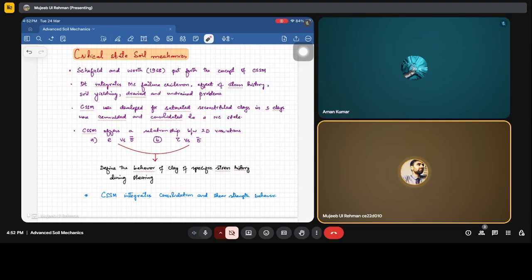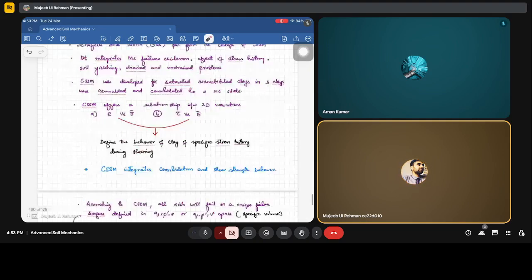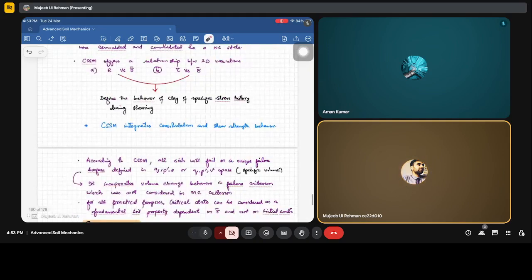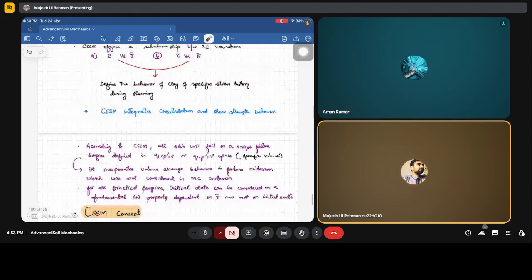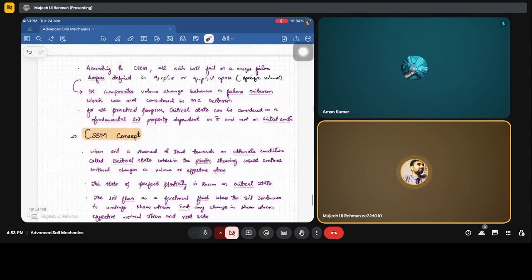But here we can have a unified pattern of failure, which can govern the failure stress or the stress-strain response of both the NC and OC states and drained conditions. It integrates the two relationships, offering a relationship between e versus sigma dash and tau versus sigma dash. And then we introduce you to the concept of critical state.